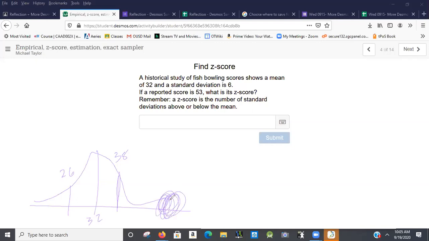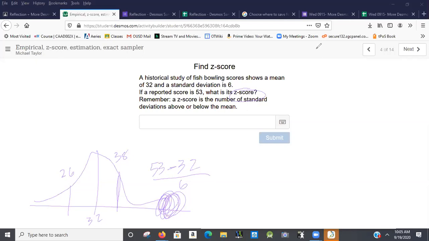Okay. What is its z-score? I'm going to just guess off the top of my head. It's probably at least 3. Okay. So once again, 32. This is above, right? Oh, we're looking for the z-score. Okay. I'm going to subtract 32 from 53. That'll give me the positive number I'm expecting. And then I'm going to say, well, how many sets of 6s is that?